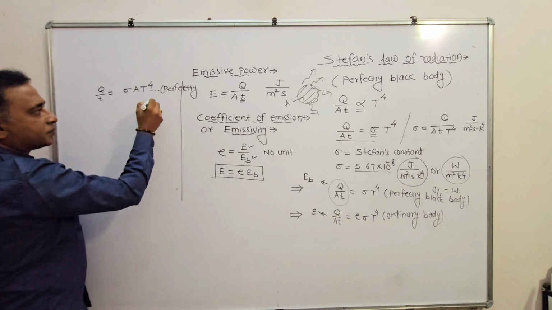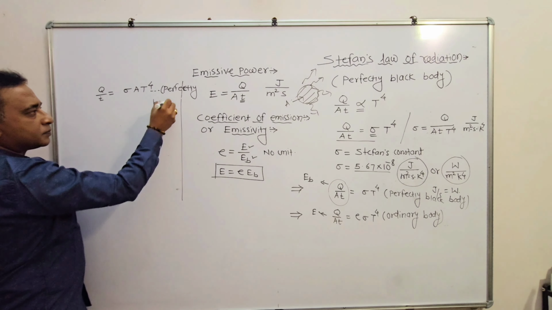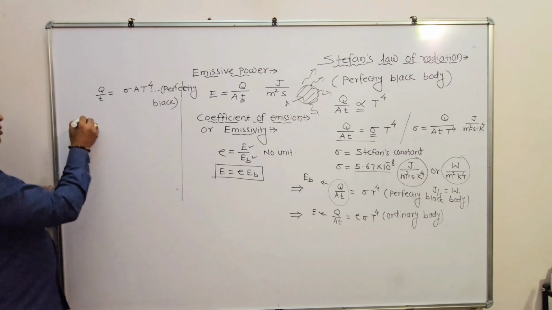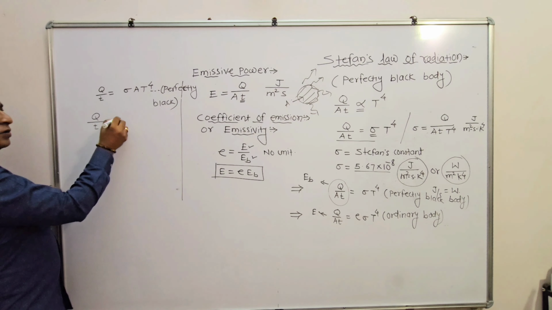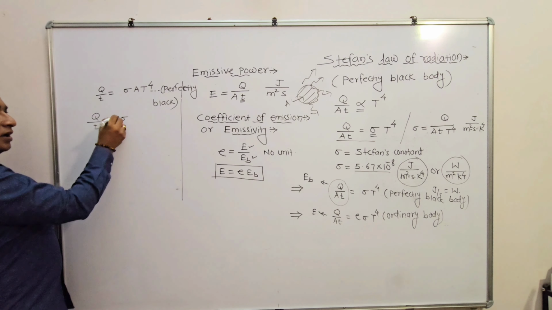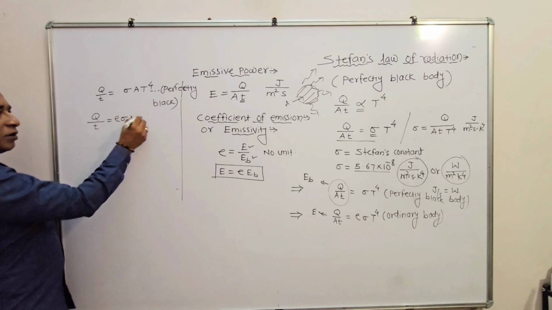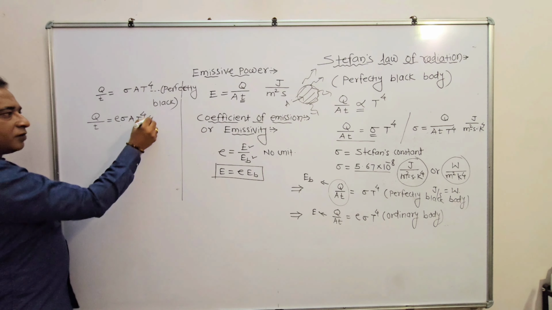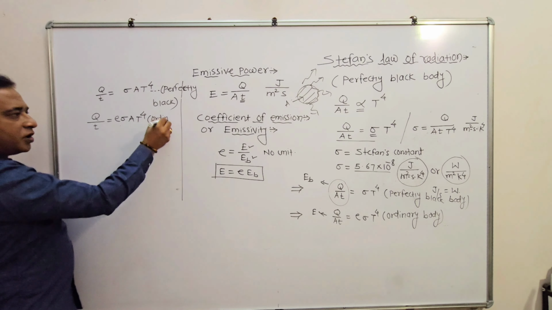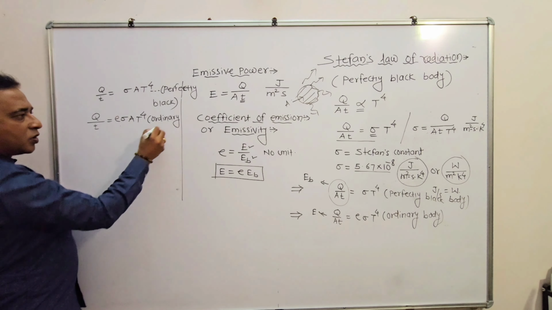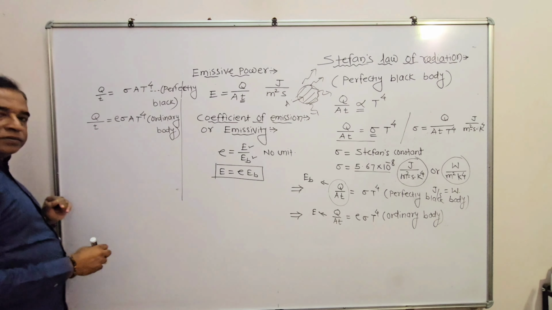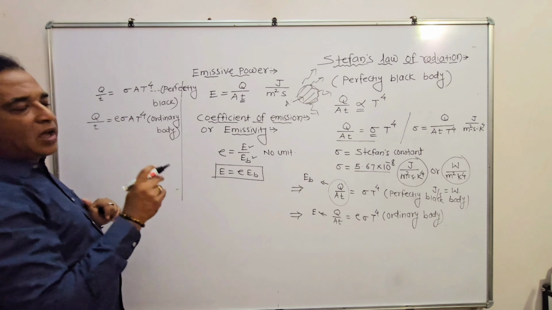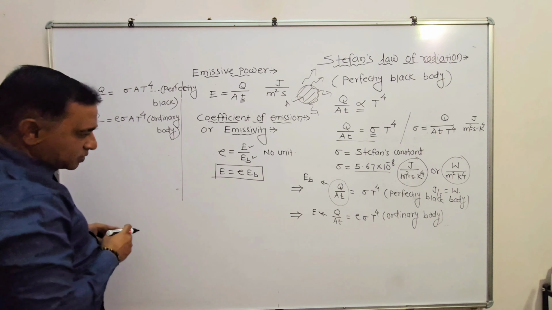Perfectly black body. Okay, and what about this? Q upon T is equal to E into sigma into A into T raised to power 4 for the ordinary body. Ordinary body. Sir, is it over? No. Still we will have to obtain a few more equations.